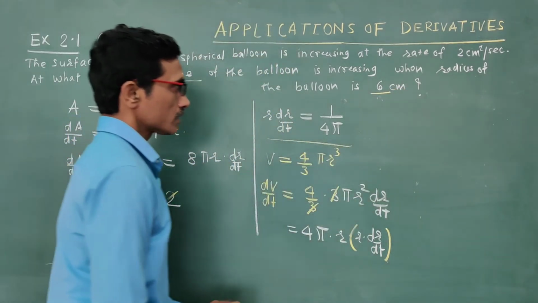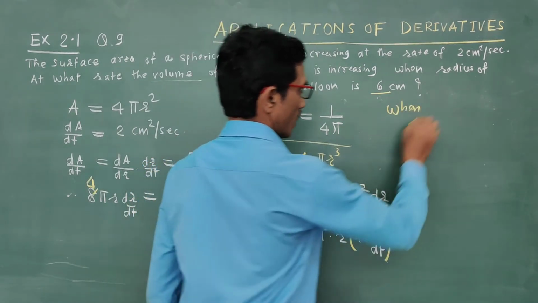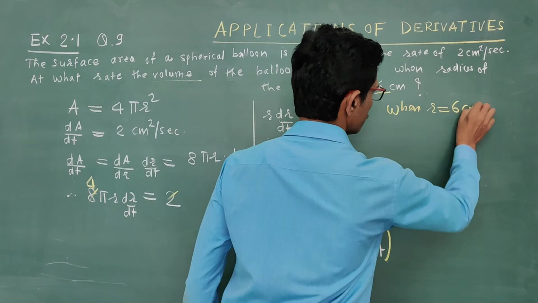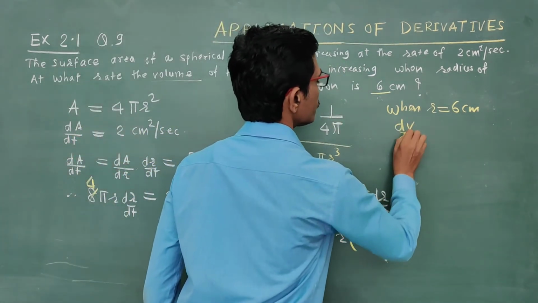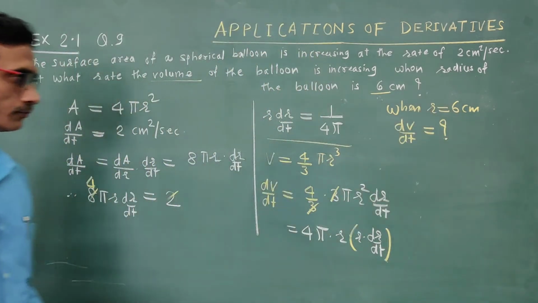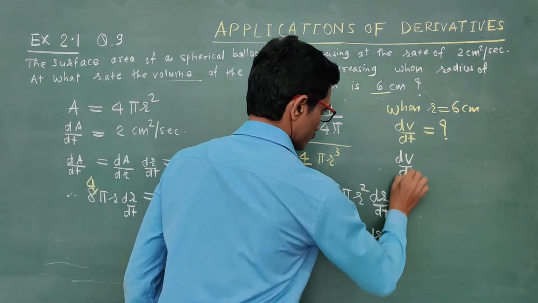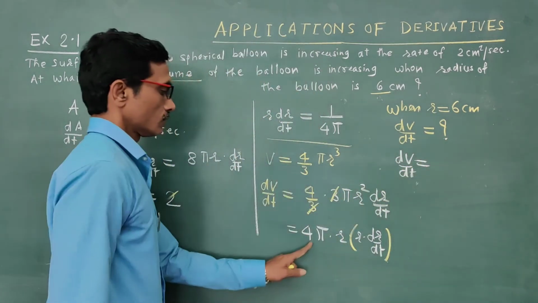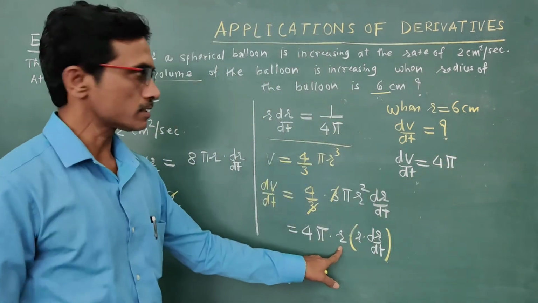So when r is equal to 6 centimeter, we find dV by dt. So therefore dV by dt is equal to 4 pi r. Here r is what?